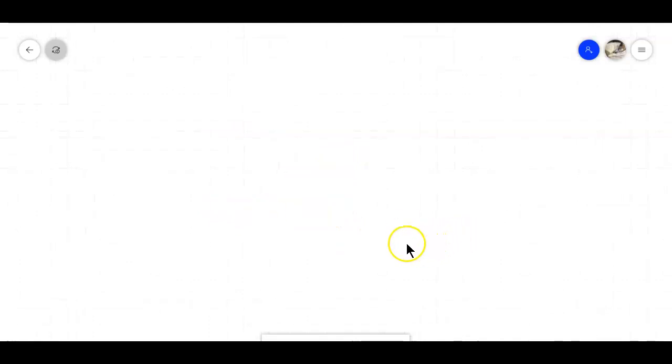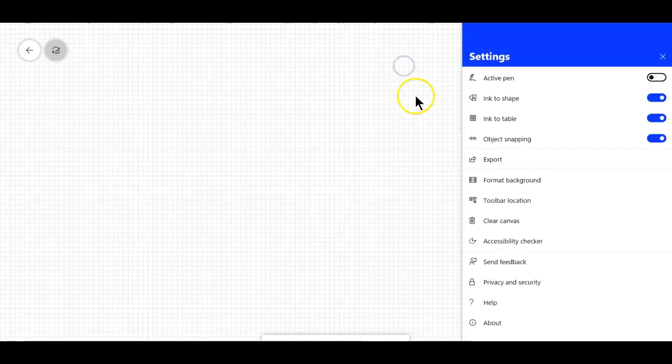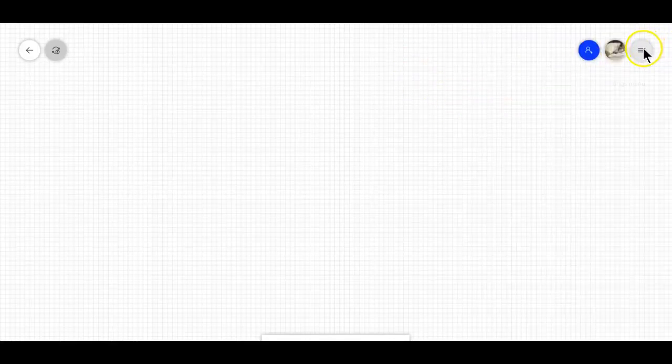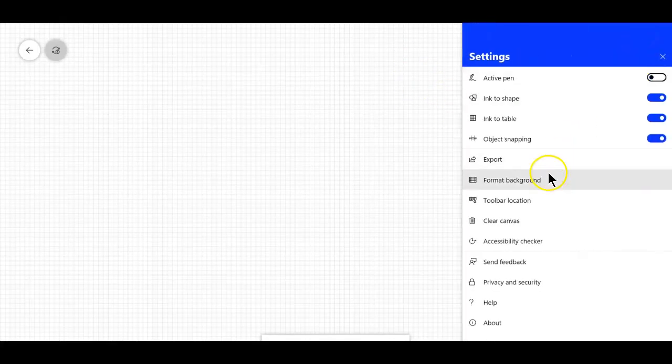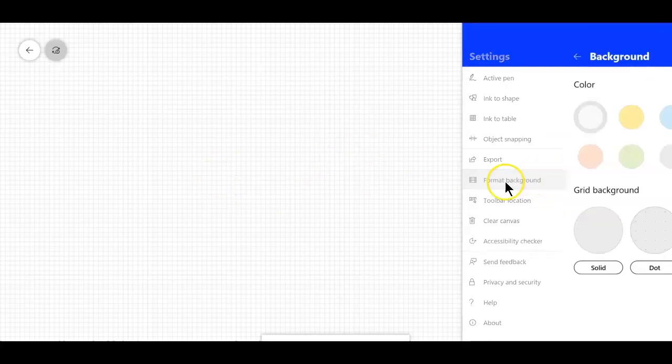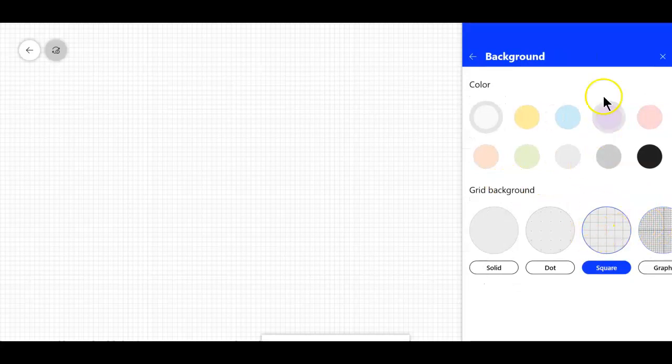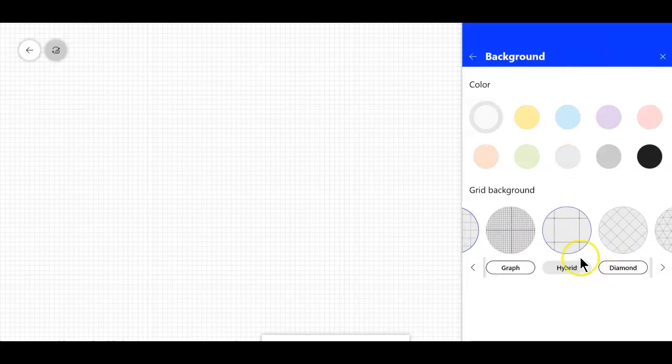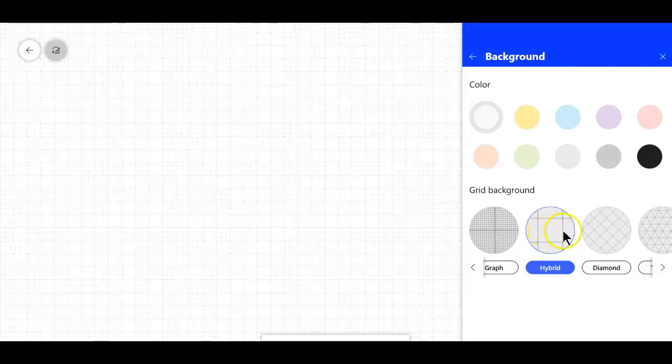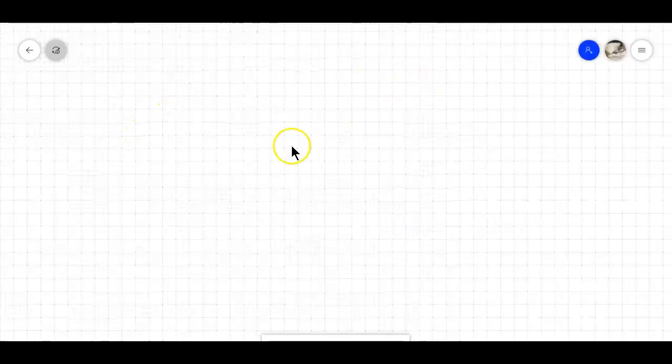What just happened? Let me hold on. In the settings here, you could set your background, and I don't really like fine dots, so I'm going to format my background and choose these big ones. I like the hybrid one, so that makes these big blocks.